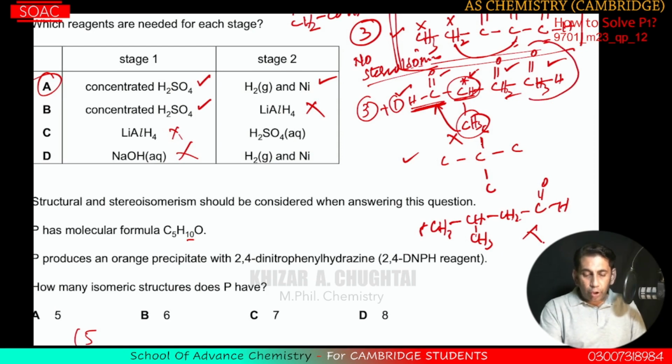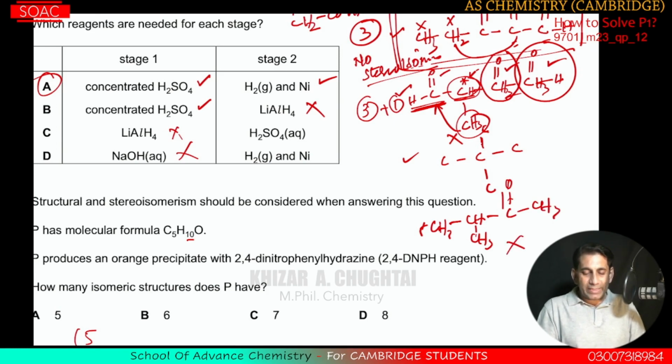So if the aldehyde group is present on this carbon, there is no chiral center. If a keto group is present over here, if I change this carbon into a keto group and I change it back into a CH3 group, there is no chiral center. Only 1 chiral center is possible when you have the aldehyde group over here or over here. That is one and the same thing.